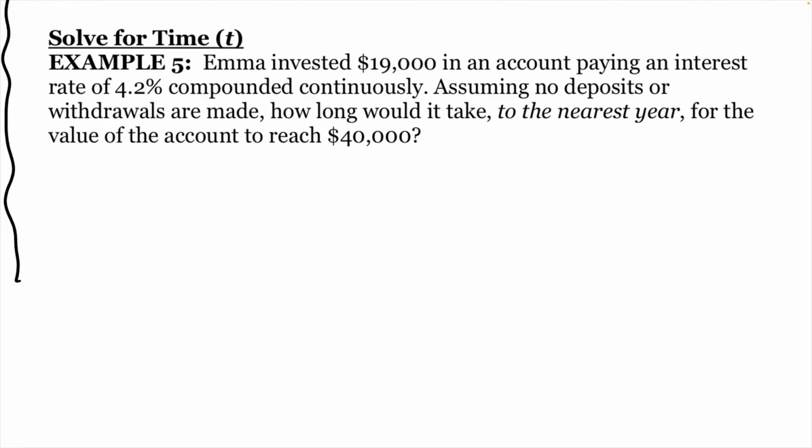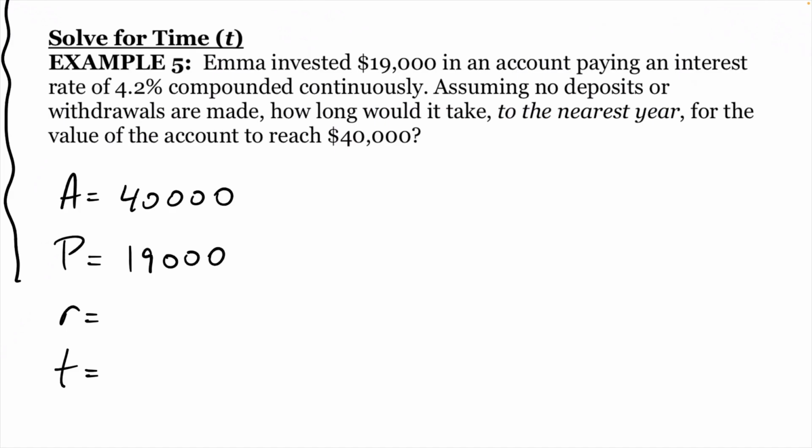So I need an A, I need a P, I need an R, and I need a T. Goal, future value, $40,000. We actually know how much she's going to start with. She's going to start with $19,000.